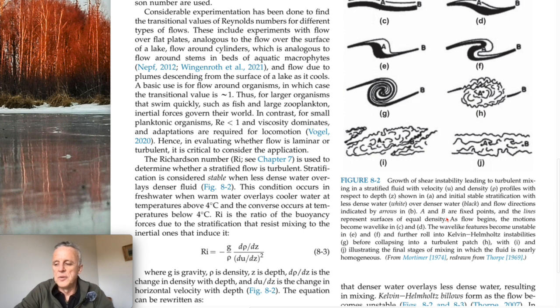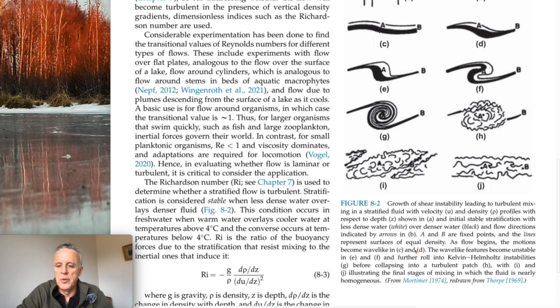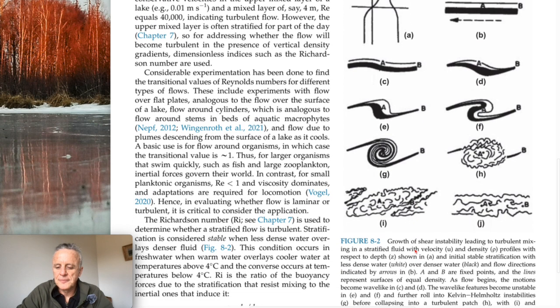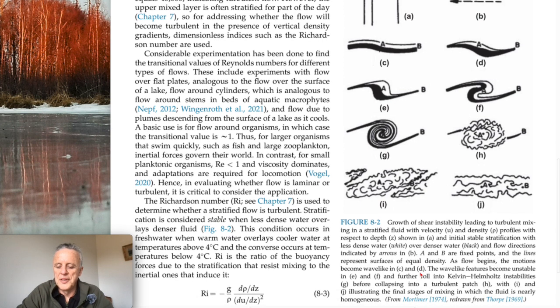in a stratified fluid with velocity, U, and density, rho, profiles with respect to depth Z, shown in A, and initial stable stratification with less dense water white over denser water black, and flow direction indicated by arrows in B. A and B are fixed points, and the lines represent surfaces of equal density.